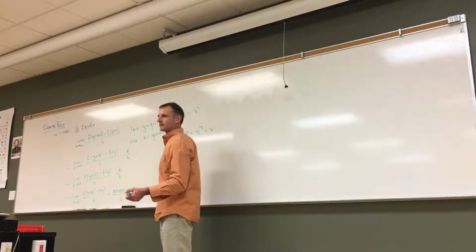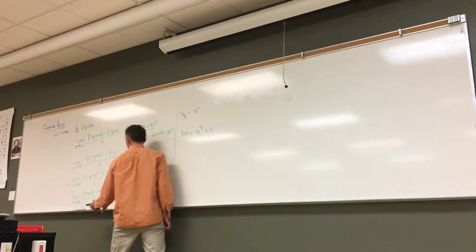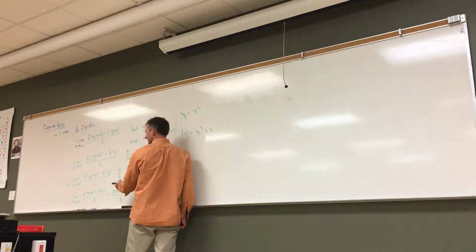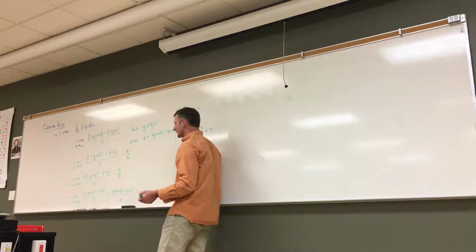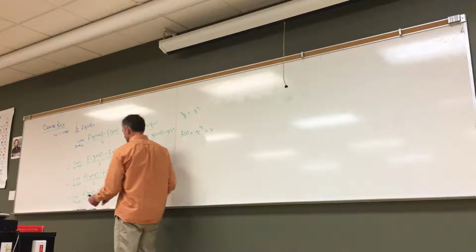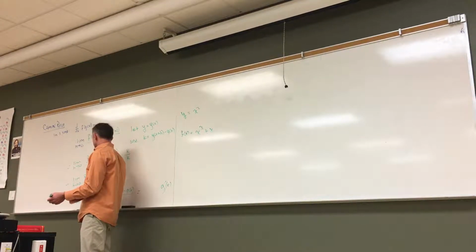So if I take the limit as h goes to 0, this guy has a simpler form, right? G prime. Yeah, that's exactly right. This guy's a little less obvious, but it's sort of there, right?